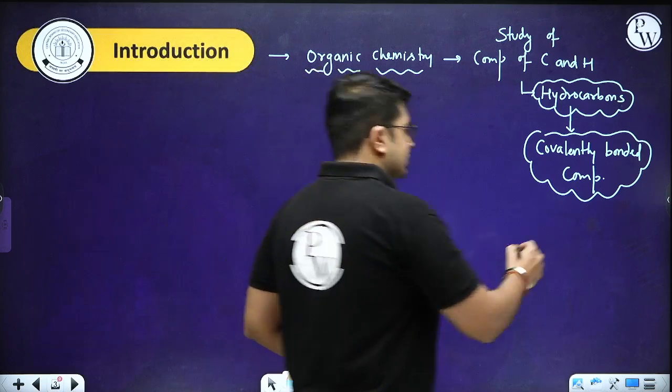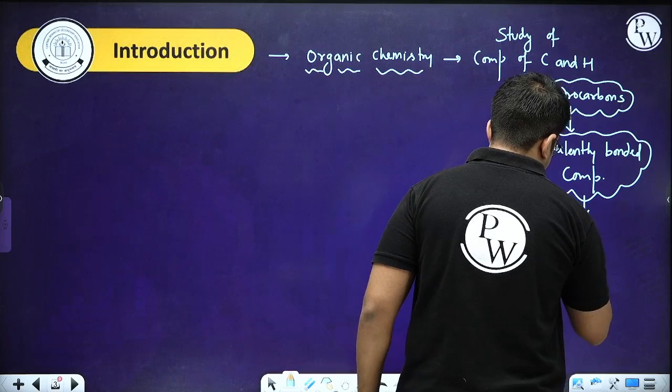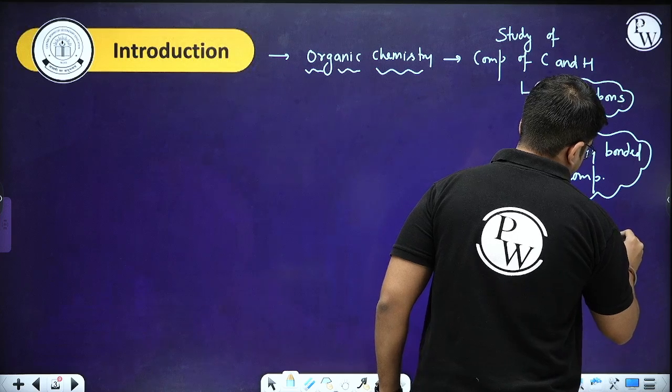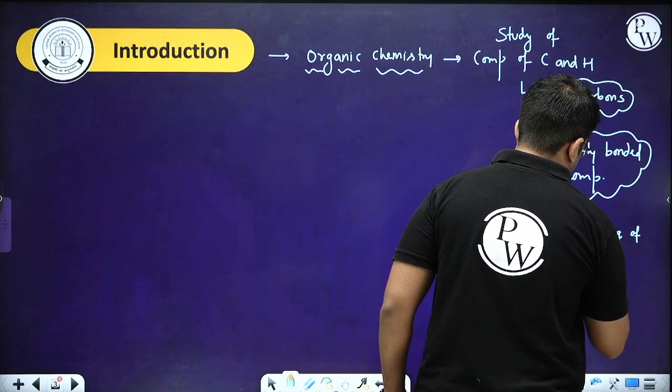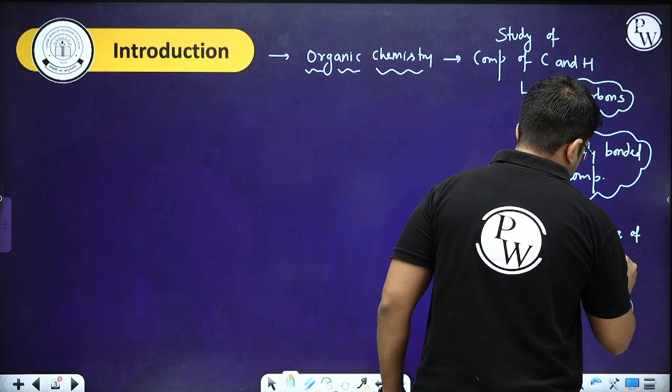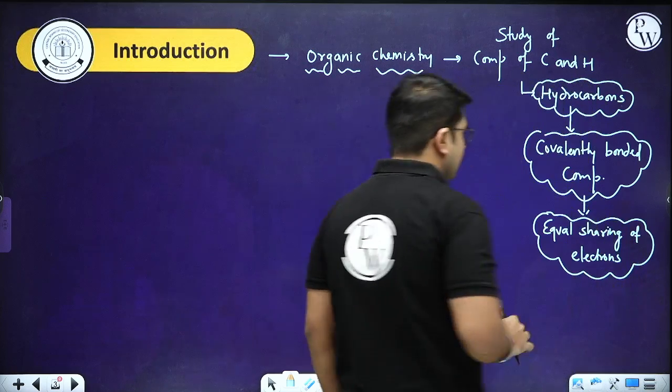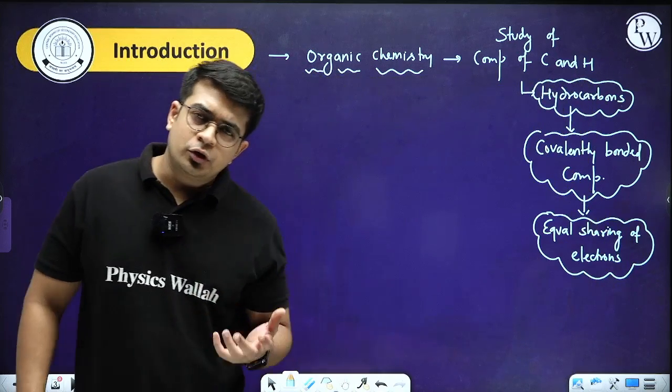So in that case, we are talking about the equal sharing of electrons. So what is so special about these particular compounds? Are we only going to include carbon and hydrogen?